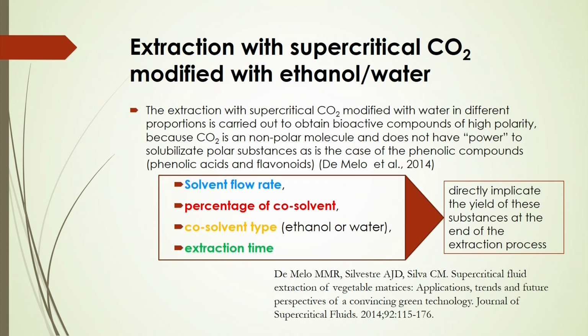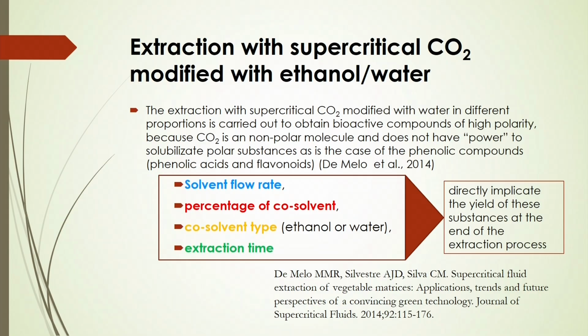So, phenolic acids and flavonoids are phenolic compounds, and in this case carbon dioxide as a supercritical solvent can be used to get more yield with ethanol or water.